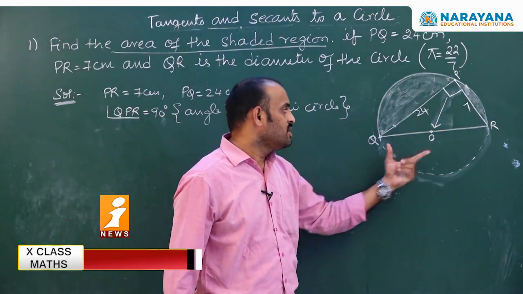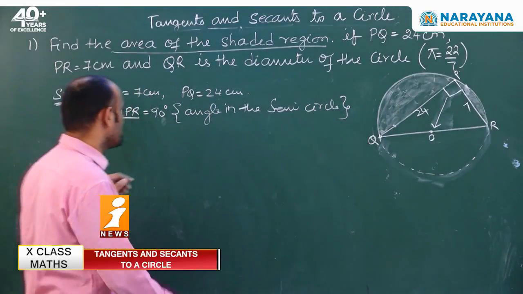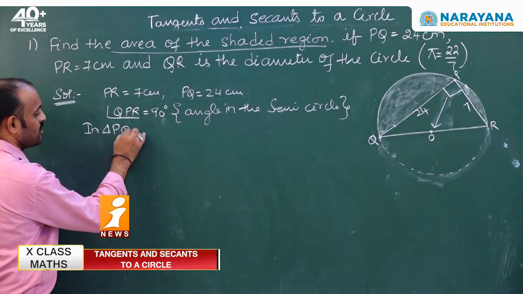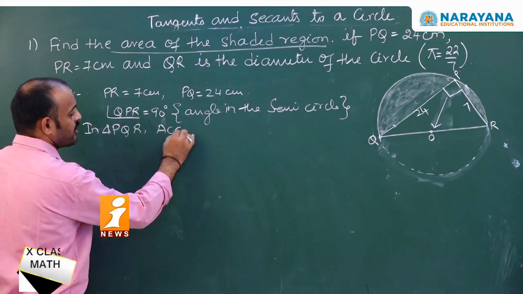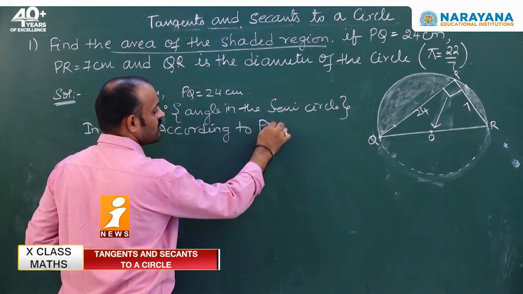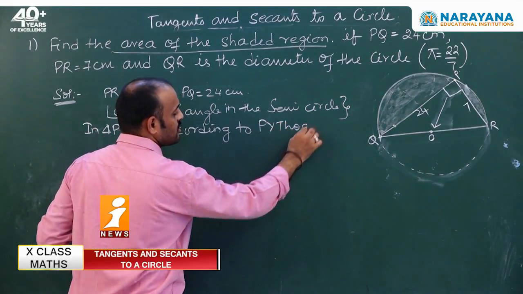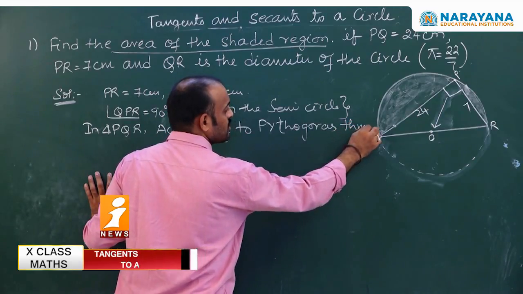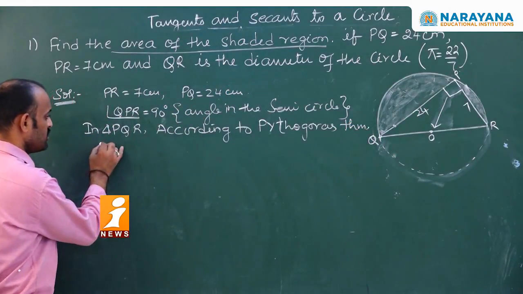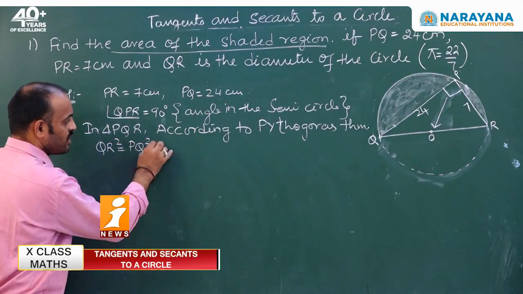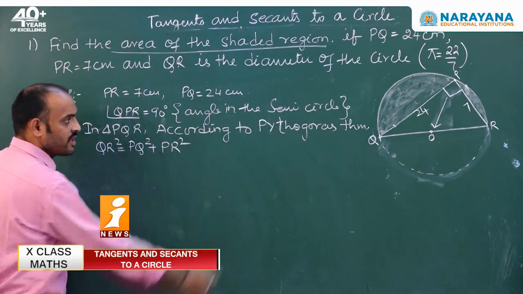Using the Pythagoras theorem, I am going to find QR. In triangle PQR, according to the Pythagoras theorem, QR square is equal to PQ square plus PR square.